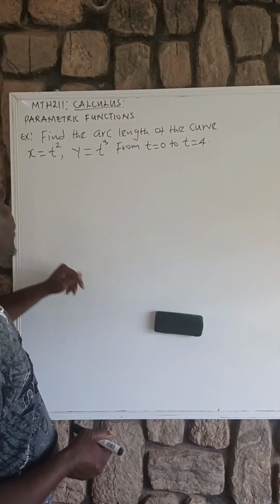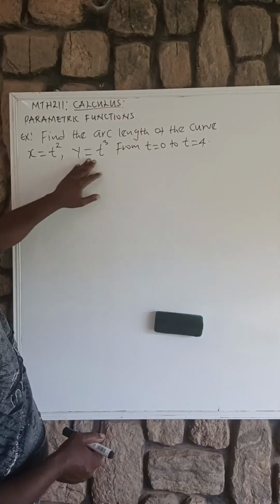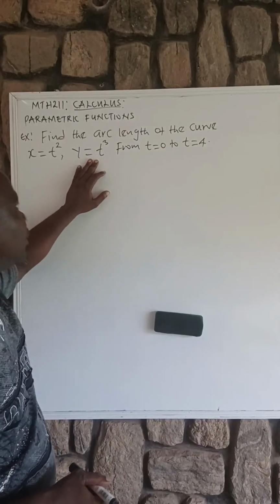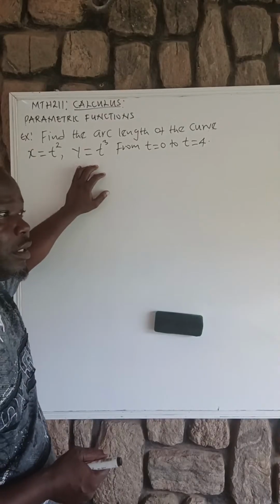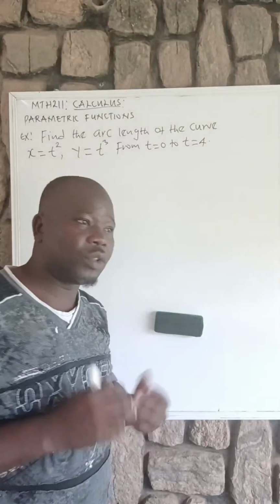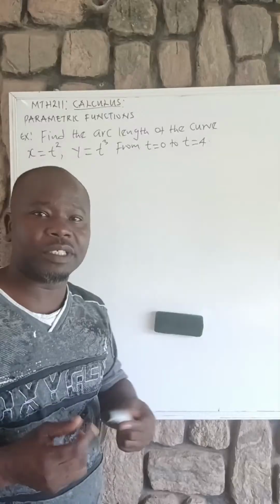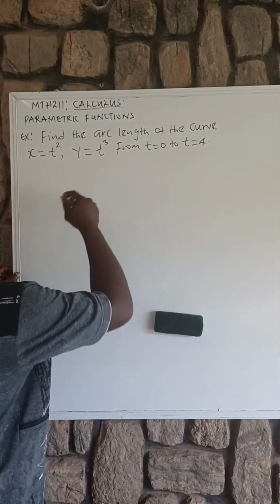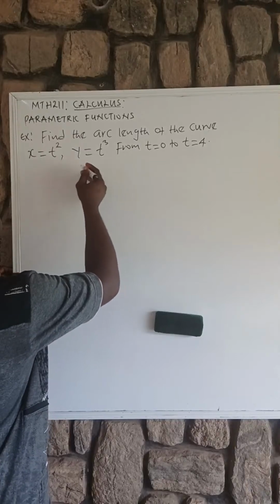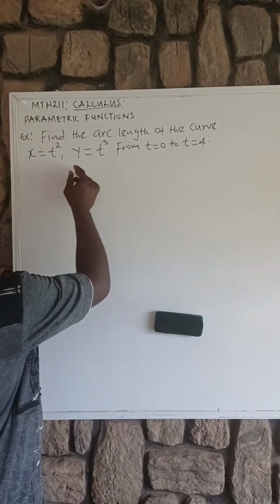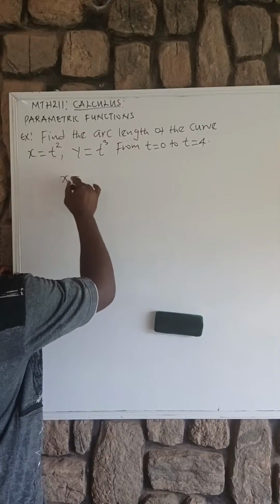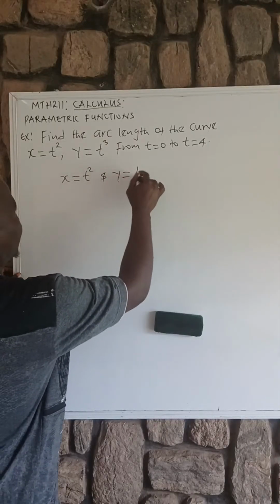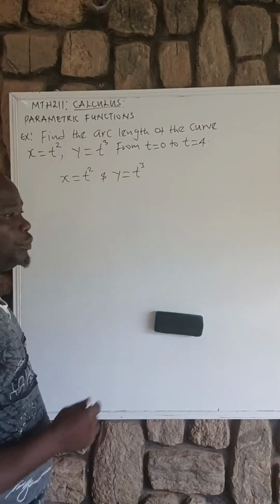At first, when you come across functions like this, note that these are parametric functions. Is that clear? You were taught how to differentiate parametric functions. Parametric functions are always in the form x equals t squared and y equals t raised to the power of 3.